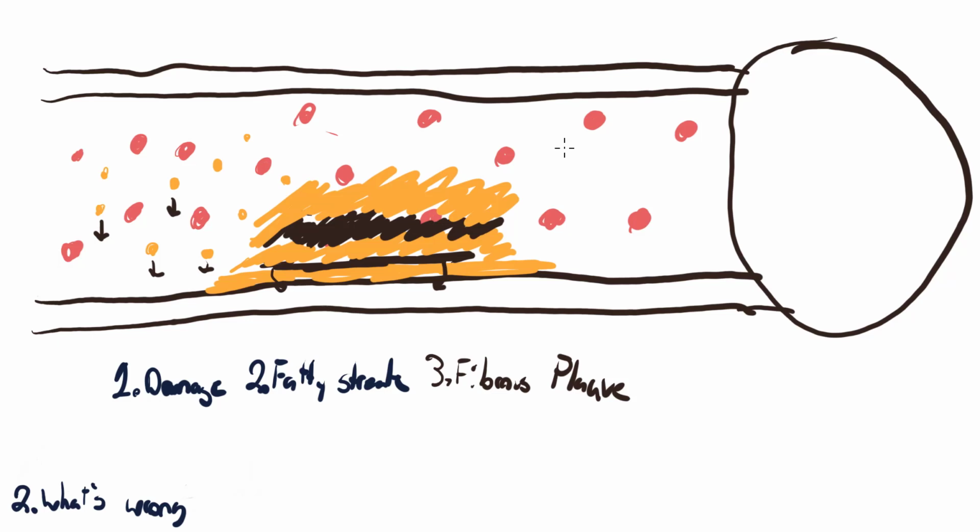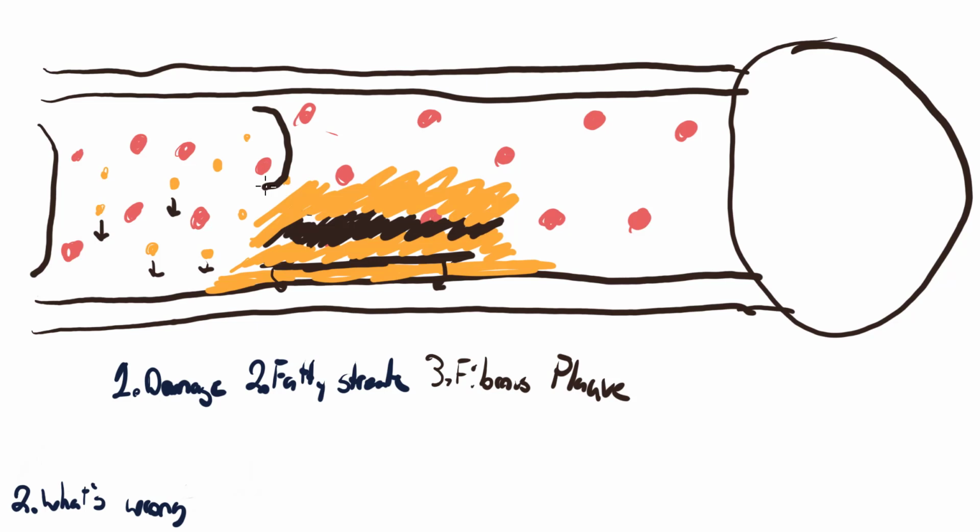So the danger with this is twofold. One, as you can see, blood had this whole area to travel through, and now blood only has this area to travel through. So decreased perfusion is occurring, and if decreased perfusion is occurring, then your heart's not getting enough oxygen, and that's causing damage, right?